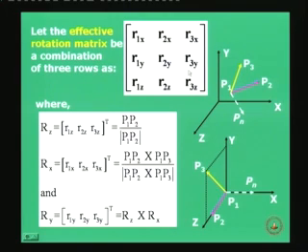You need the middle row, which is R1y, R2y, R3y respectively. Easily you can visualize that they have to be the cross product of the two vectors, P1 P2 and P1 Pn, which are basically Rz cross Rx.